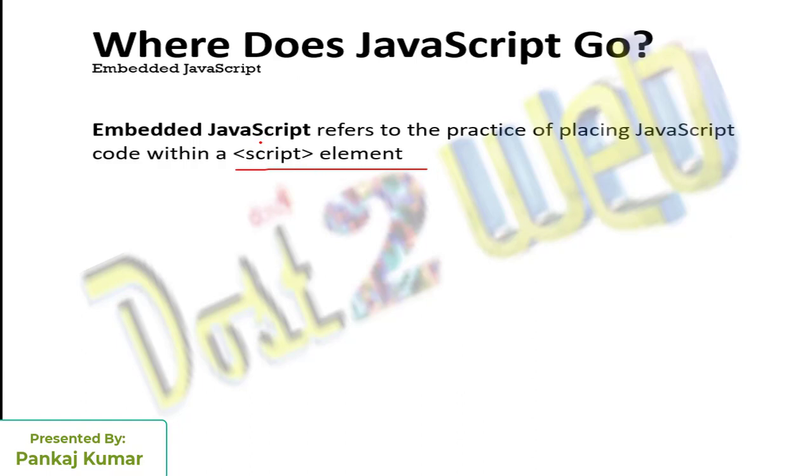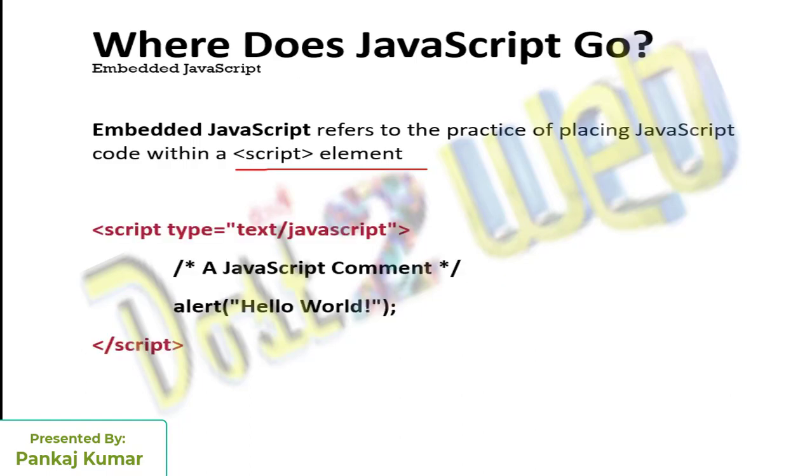That means you are going to write code for the script, as we have seen with CSS. We write about the style and then we write. Same way here also you are going to do that. You will be using a script element, and in that you are going to write the code.